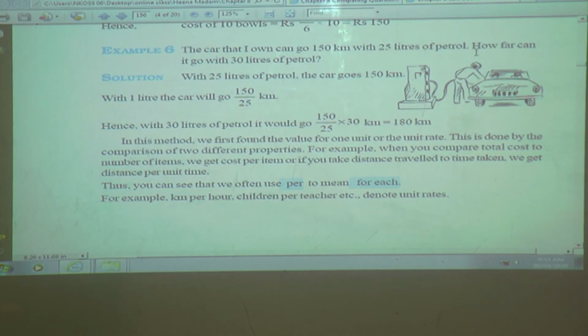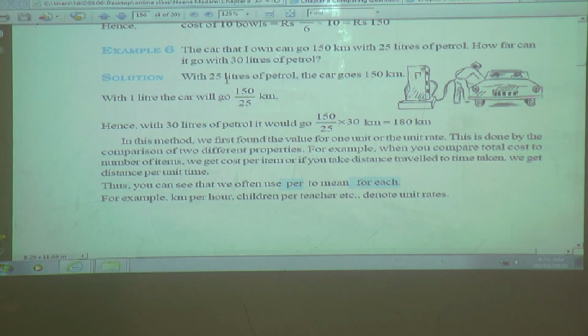The car which I am having covers 150 kilometers in 25 liters. How far can it go with 30 liters of petrol? When I fill 30 liters of petrol in my car, how many kilometers will it cover, that I want to find out.